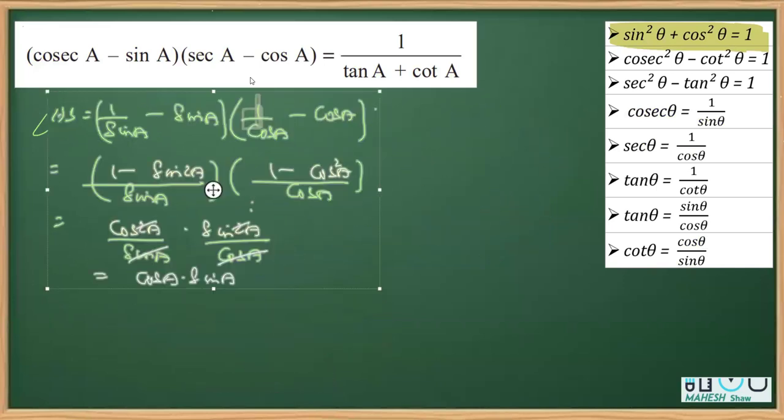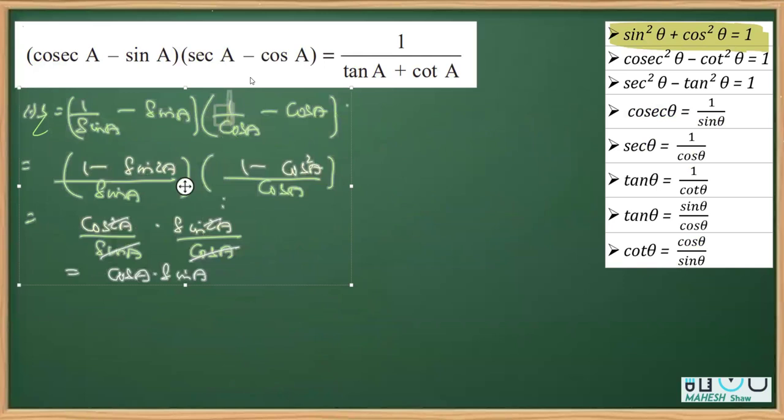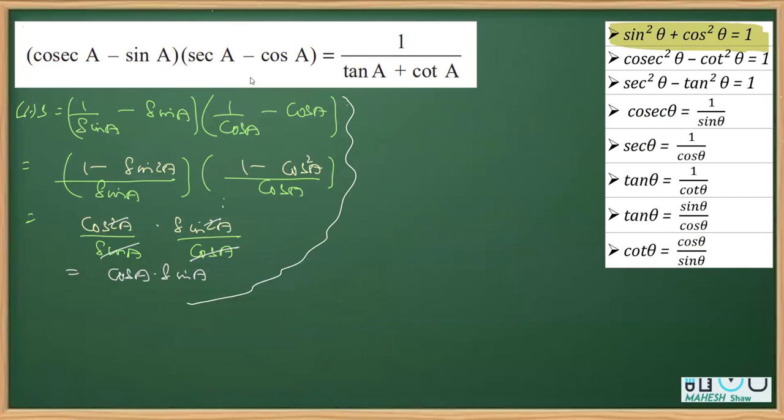This is LHS. Now I'm going to expand the RHS here. As you can see, the RHS is 1 over (tan A plus cot A).